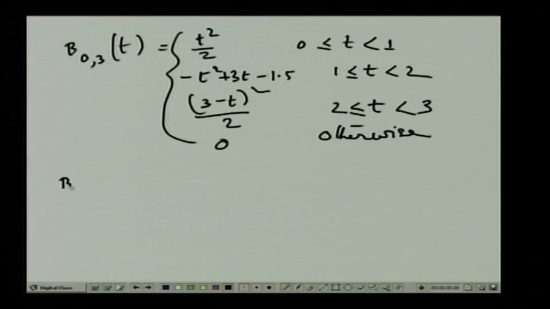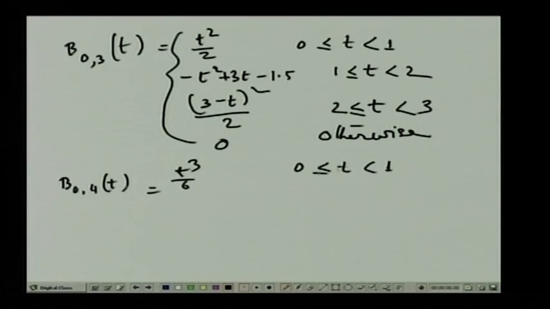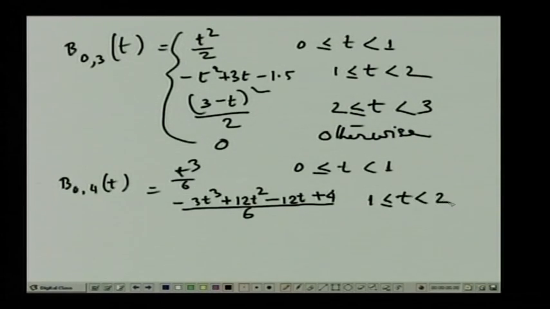Similarly, we can also find b_{0,4}(t). It will be equal to t^3/6 for 0 ≤ t < 1. It will be equal to (-3t^3 + 12t^2 - 12t + 4)/6 for 1 ≤ t < 2.